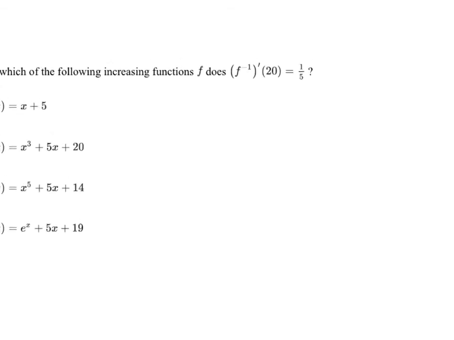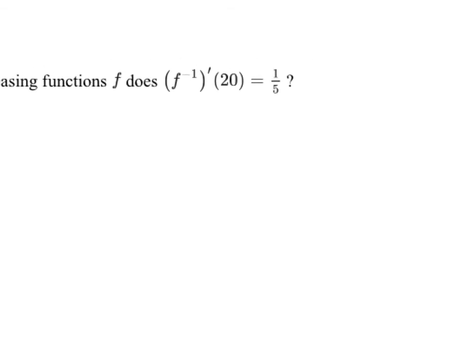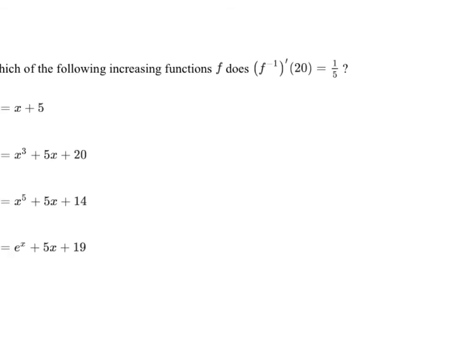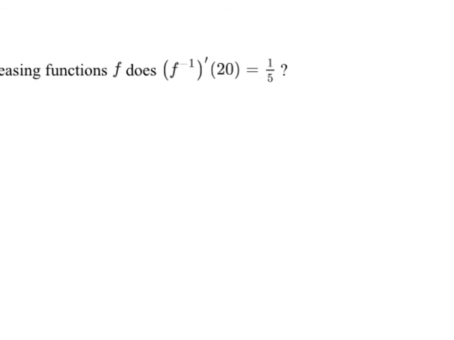So before we look at the answer choices or do anything, the derivative of f inverse at 20 is 1 all over the derivative of the regular function at some other x value, and if this equals 1/5, that means that the derivative has to equal 5.